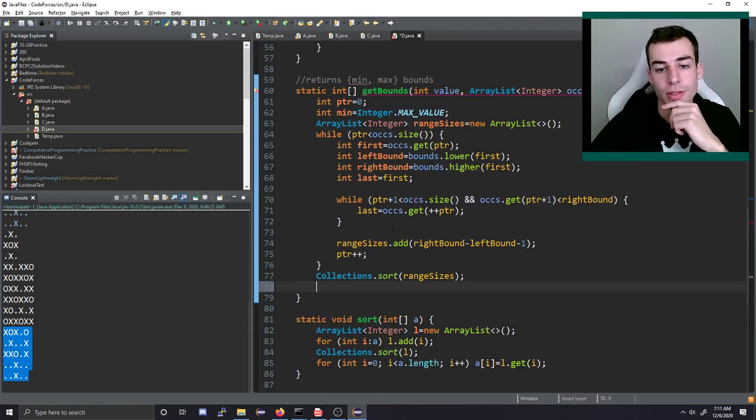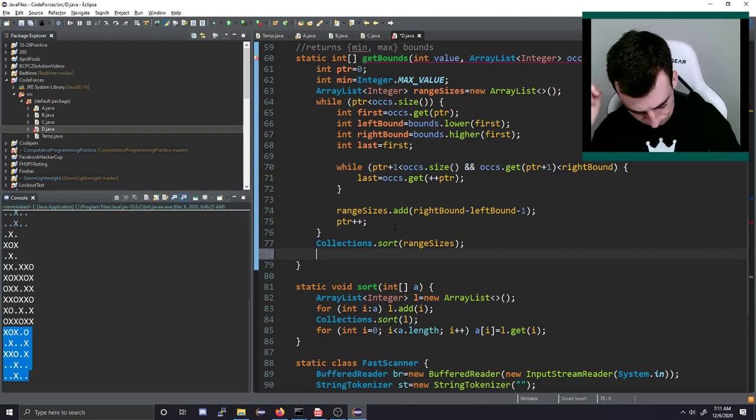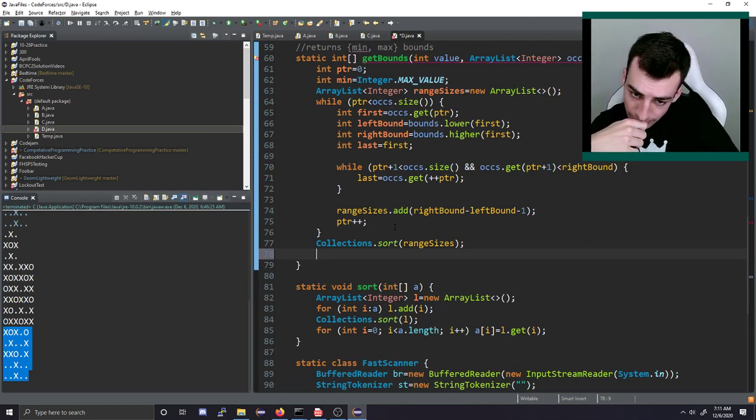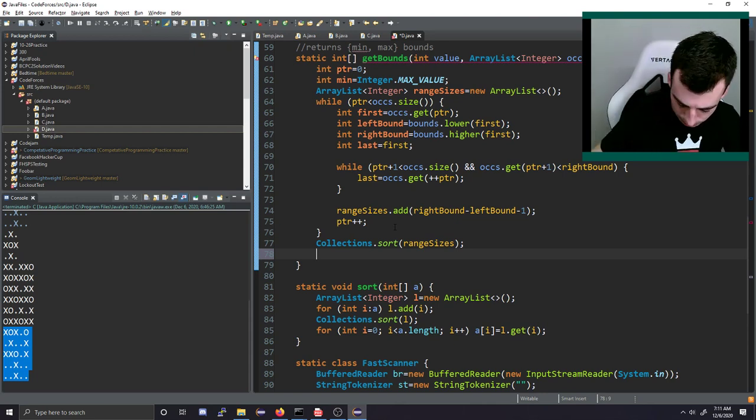So with the range sizes, yeah, the second biggest range size will be... we have to be bigger than that.